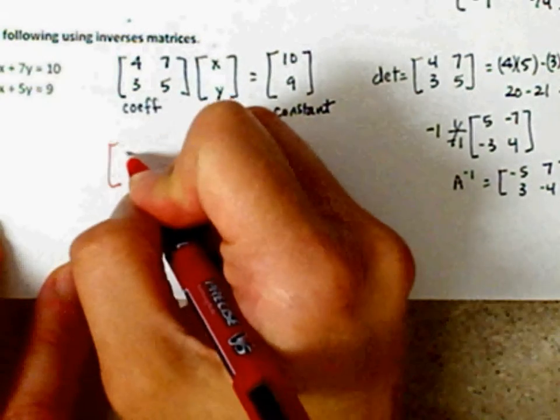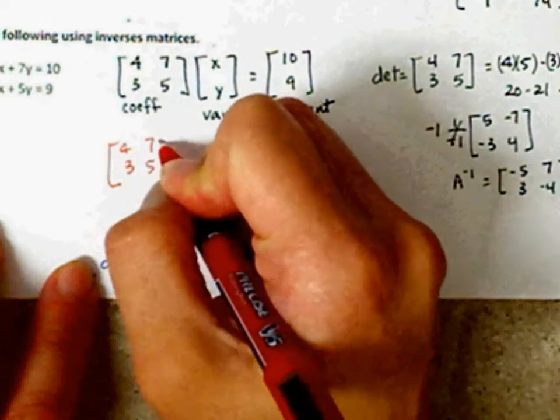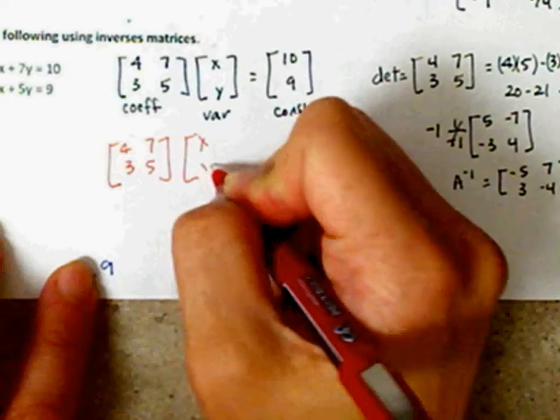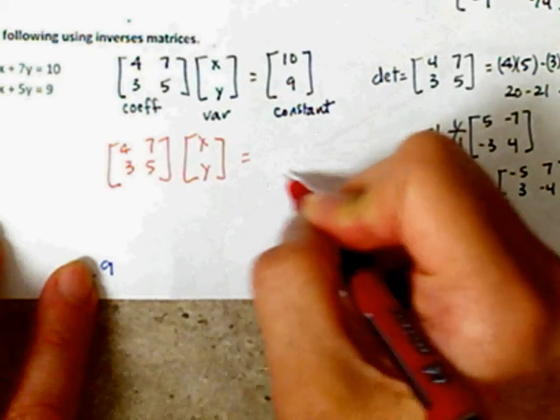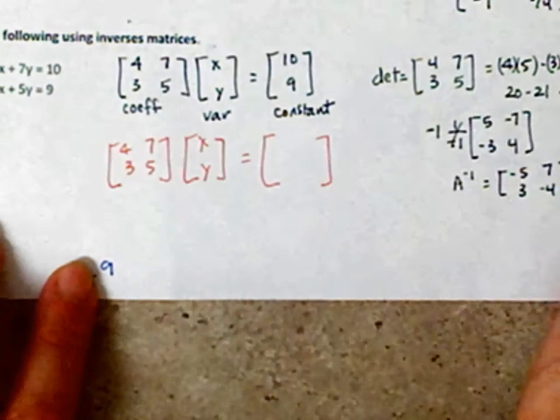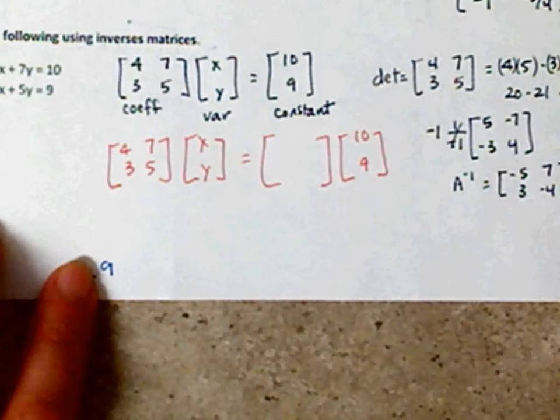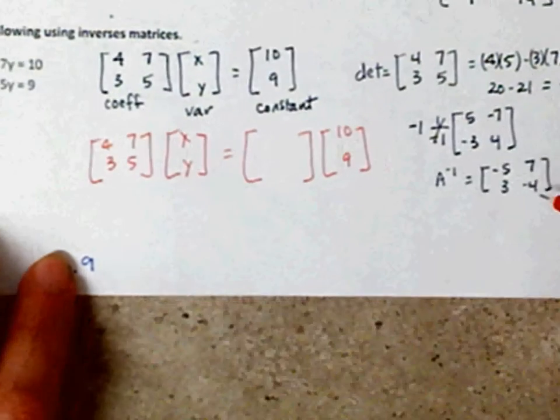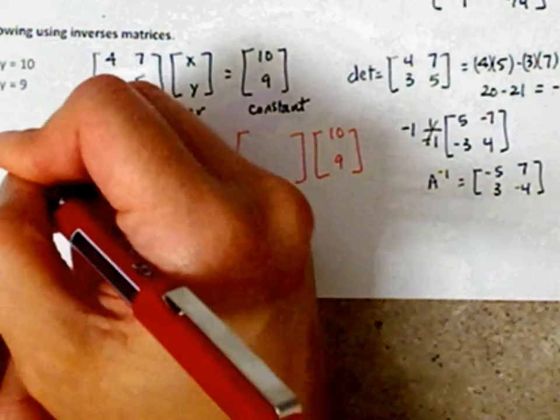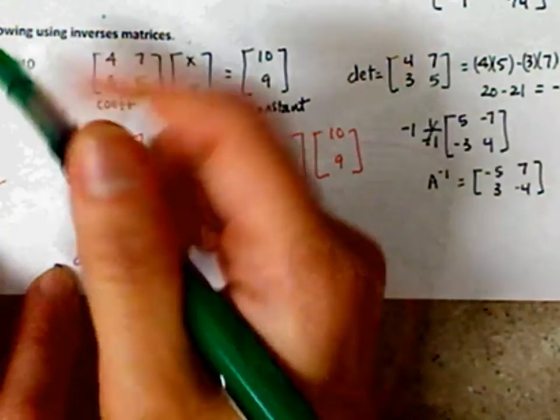So what you're going to do is, you have all of this. Let me rewrite it. 4, 3, 7, and 5. And then you have your x and your y equal, leave a space here, that's your inverse, times 10, your constant, okay? You're going to use your inverse matrix right here. And you're going to put it right here. Let me change colors real quick.